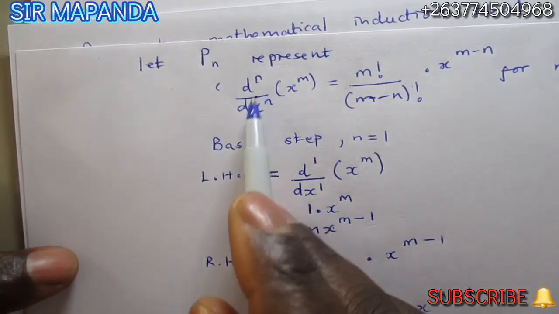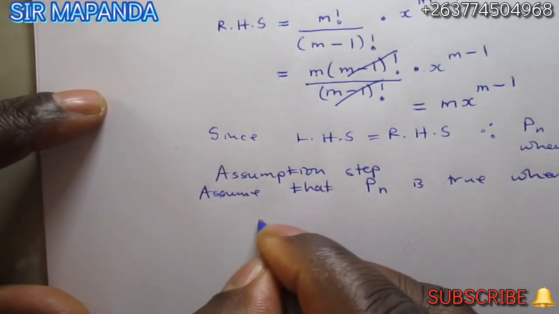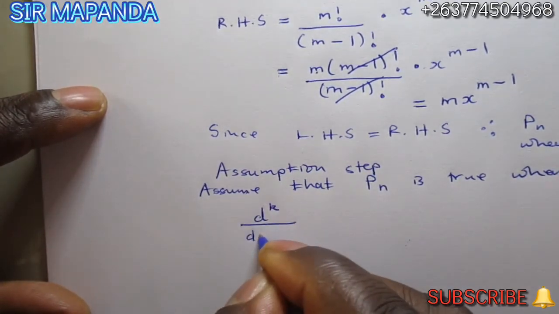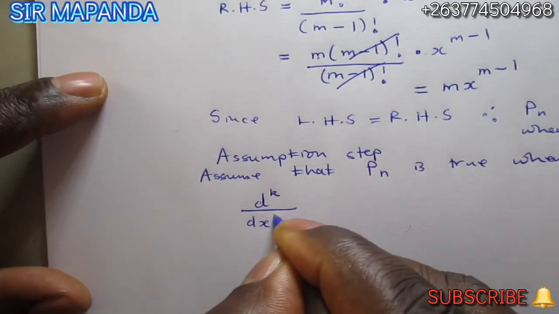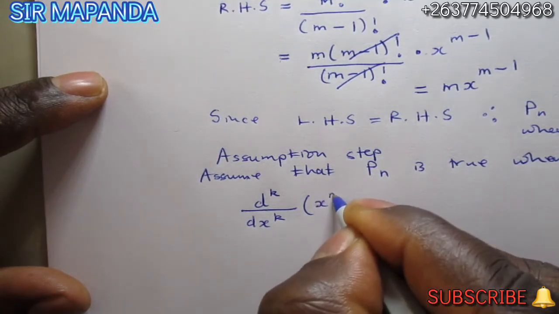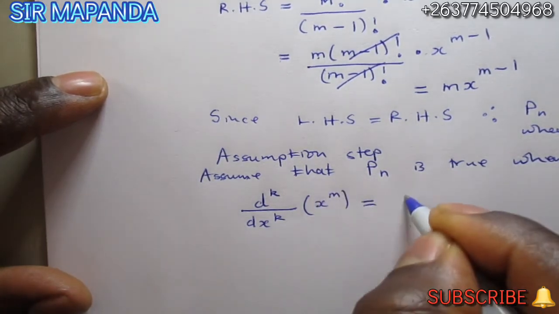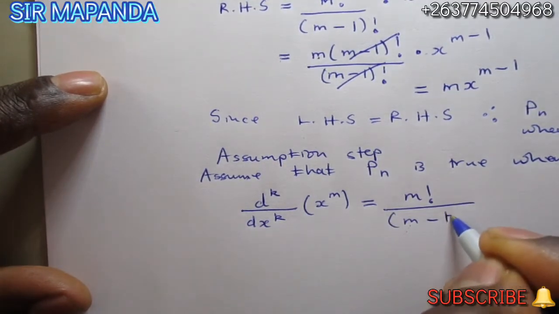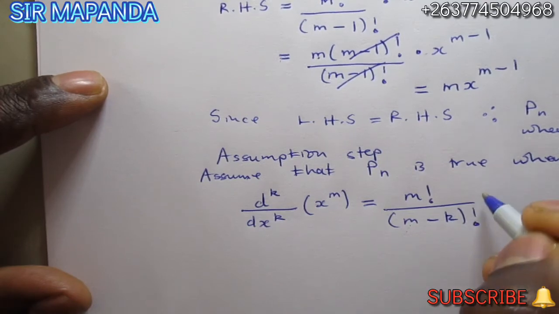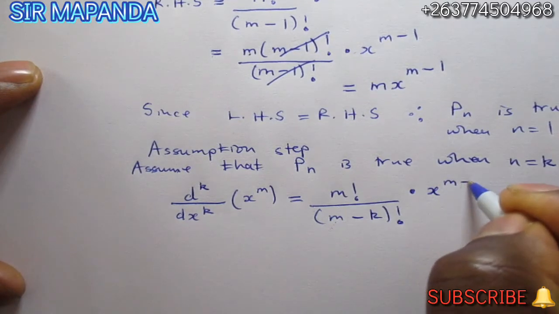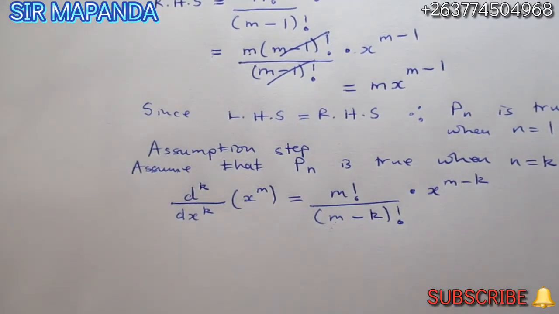We have the kth derivative written as d^k/dx^k of x to the power of m is equal to m factorial divided by (m minus k) factorial dot product x to the power of m minus k. Then you are done. This is your assumption stage.